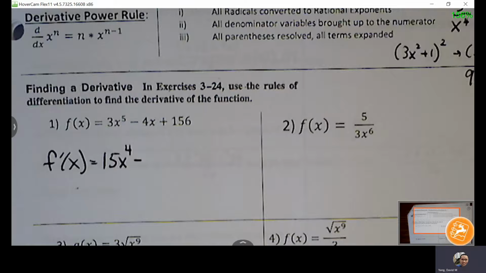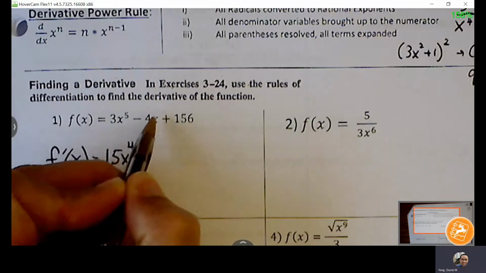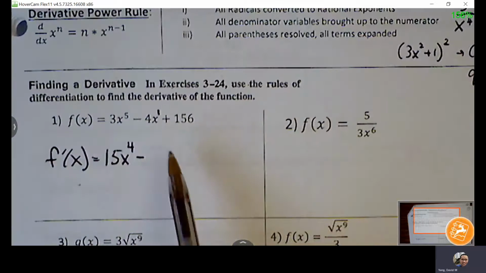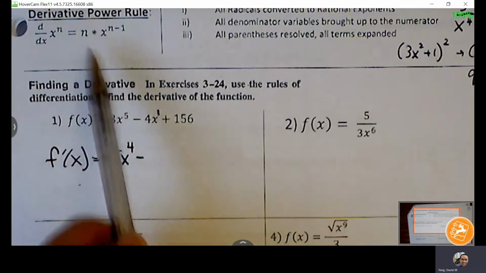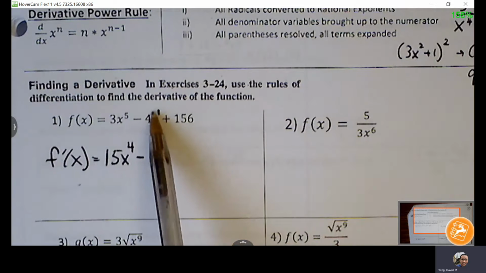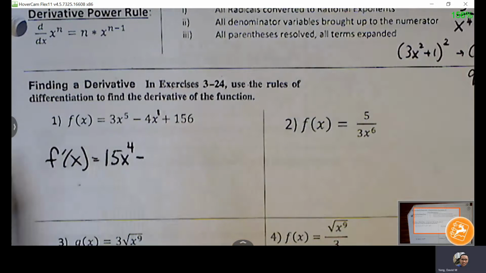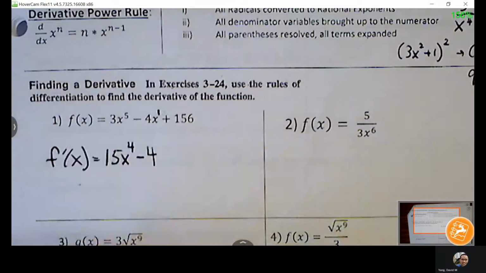Just 4. Just 4, right? So there's a hidden 1 here, right? And then once that 1 comes down, 1 times negative 4 is negative 4, and then we subtract 1 from the exponent. So 1 minus 1 is 0, so it's just going to be minus 4.